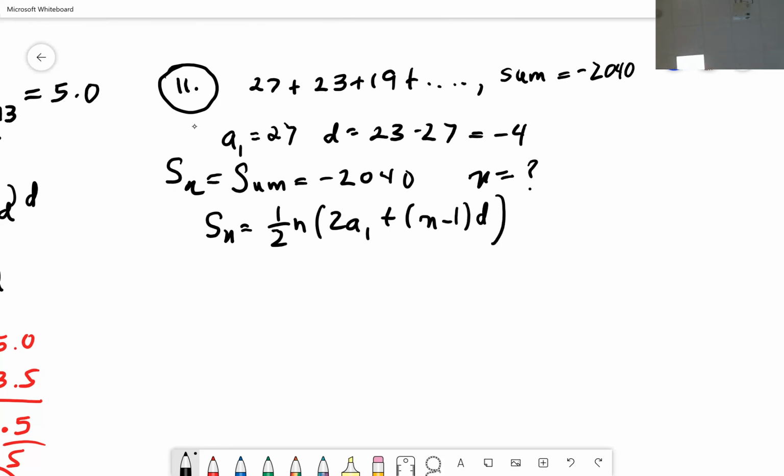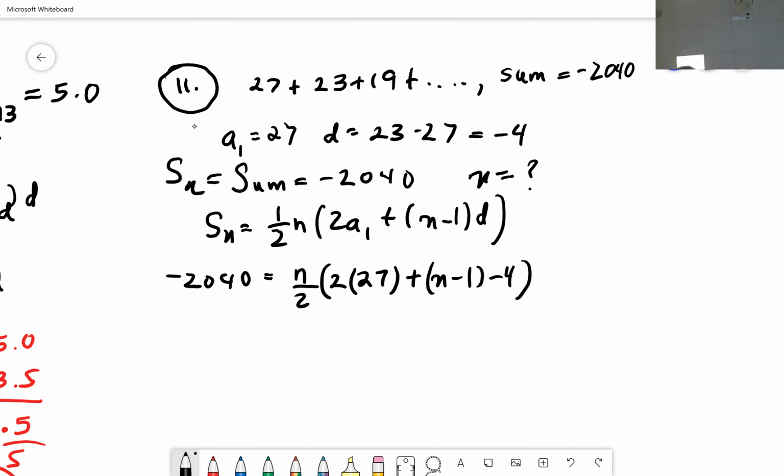The nature of this is it's going to be a quadratic, unfortunately. So we have negative 2040 equals n divided by 2 times twice 27 plus n minus 1 times the common difference here, which is negative 4. I'm going to begin simplifying this. You have n divided by 2, you have 54, you have negative 4n plus 4.